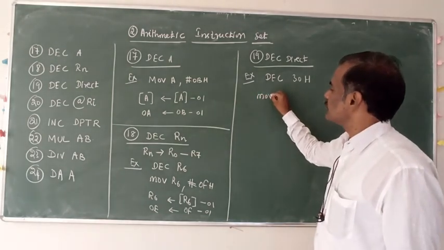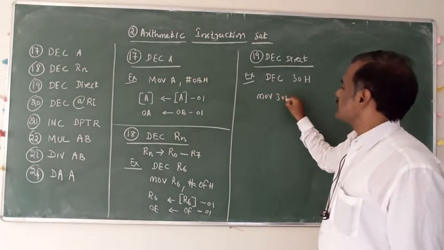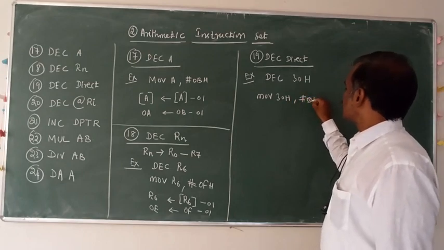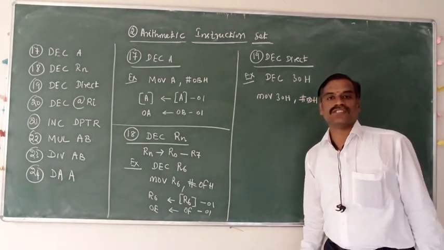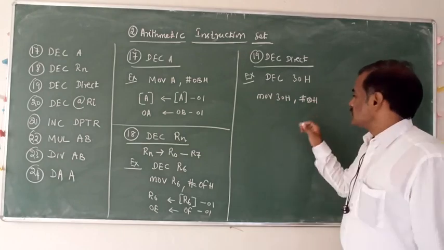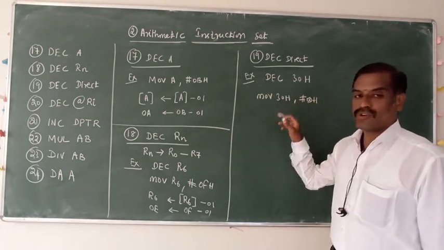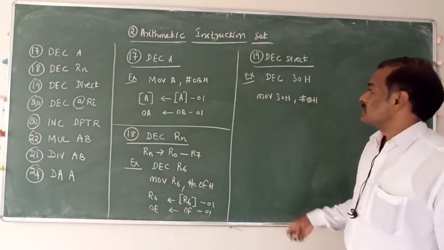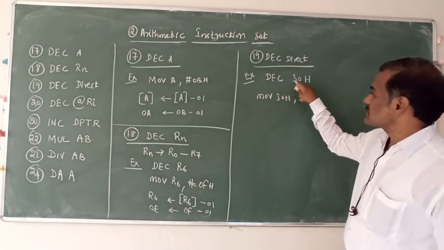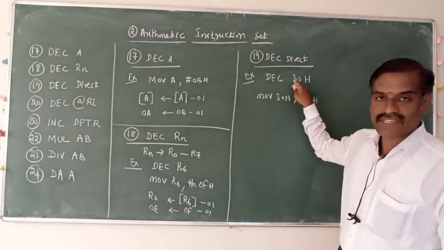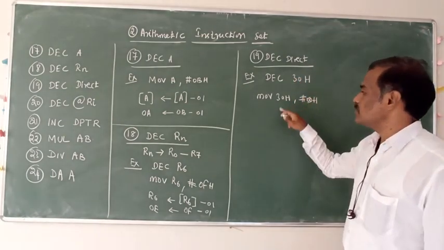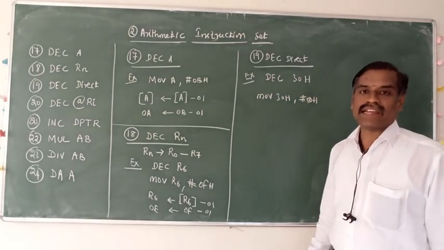For that, we can use MOV 30H, #0DH. 0D data immediately to move to the given 8-bit memory address location. Now to decrement the memory address location data single times and the result to move to the given memory address itself.